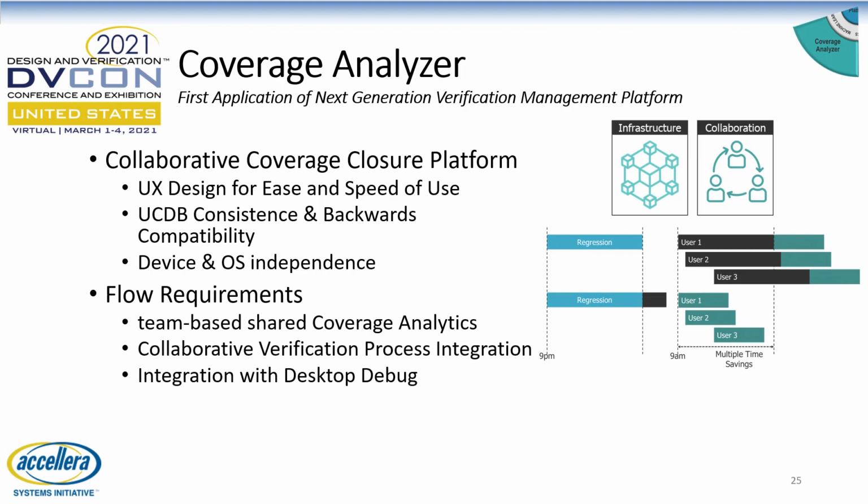Coverage Analyzer's strength is its ability to provide a team-based shared environment for coverage closure and analytics. Customers have already been getting excited about these new use models, like enabling the opening of a regression UCDB after the regression overnight so that it is ready for the complete team to start analyzing in the morning without multiple tool startups.